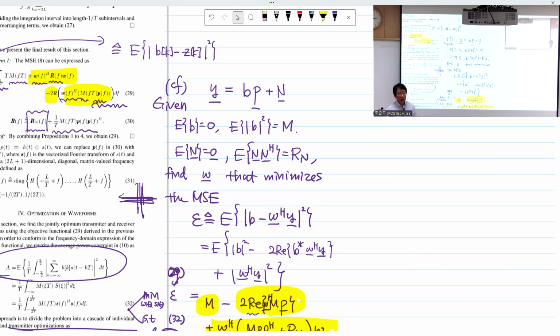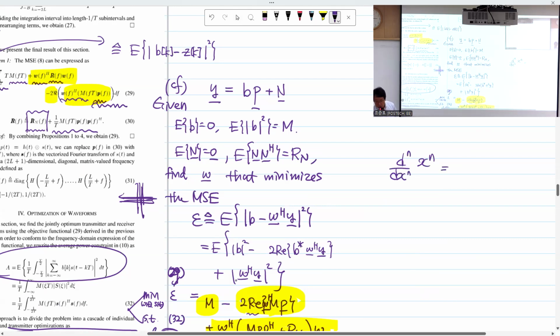Okay, probably you remember something like this. What is x to the n differentiated n times? Then you know, right? n minus 1, blah, blah, blah.